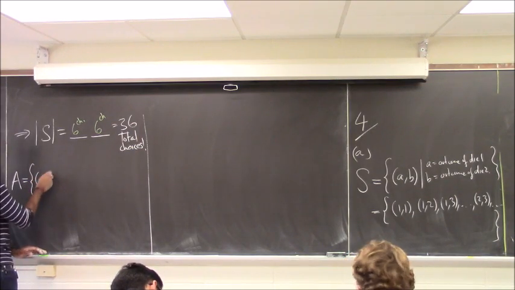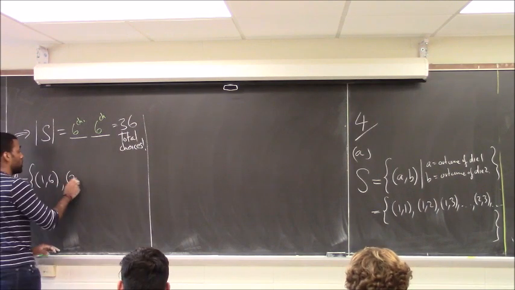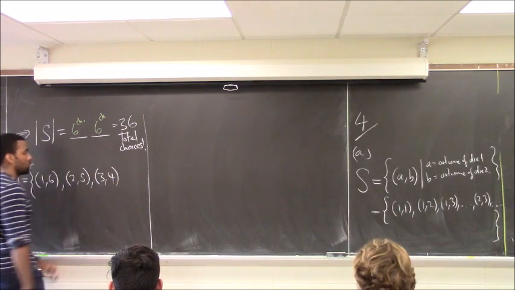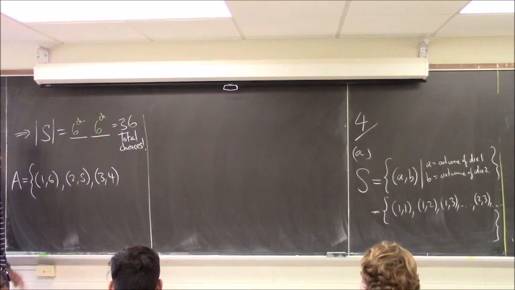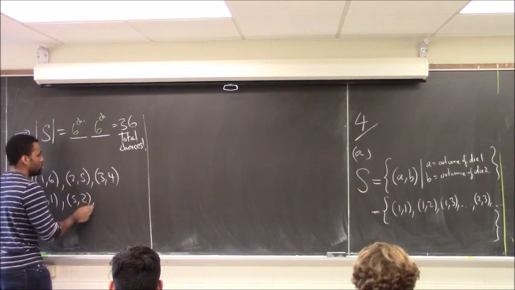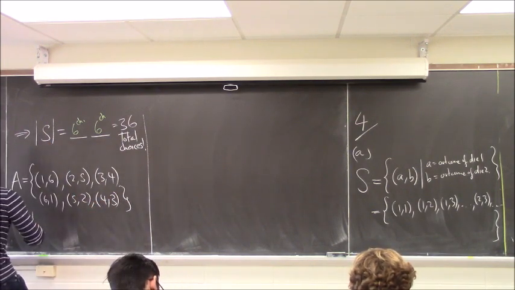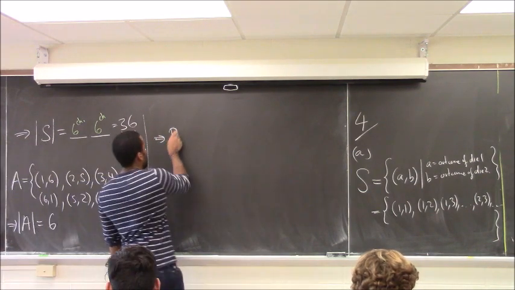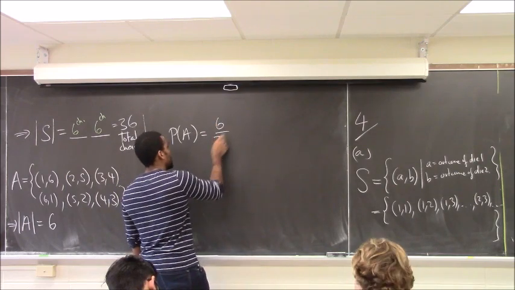Well, I can have a 1 and a 6, a 2 and a 5, a 3 and a 4, and then literally all the switches, right? So 6 and a 1, 5 and a 2, and 4 and a 3. The size of A is 6. This means the probability of getting a sum of 7 is 6 out of 36.